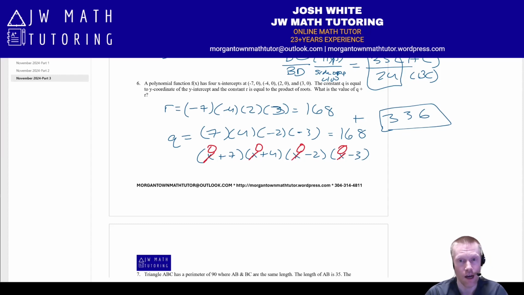Now, the problem is I'm assuming that in the actual problem on the test, there's some wording or description that tells you something about the leading coefficient out here, because for this polynomial, if there was a 2 or a 1/2 or any other number out here, obviously that would be multiplied through by all these numbers and that would change this value.